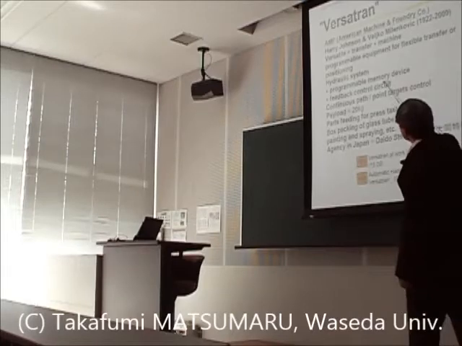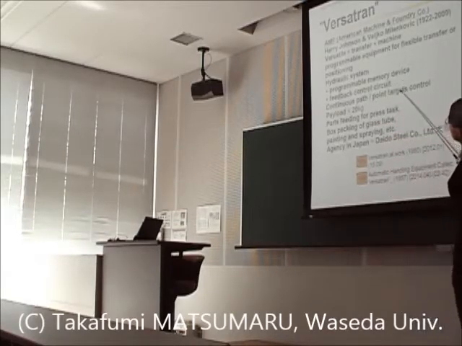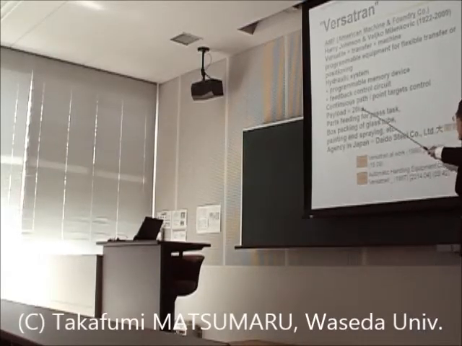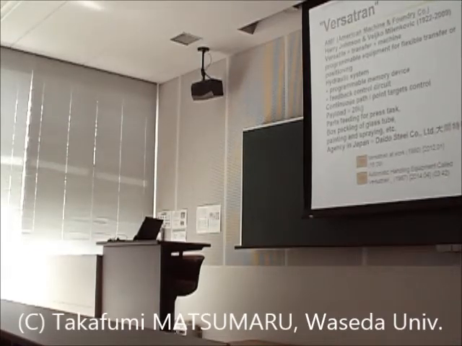It has a programmable memory device with a control circuit. The payload is about 20 kilograms. This is very heavy equipment, but it can hold 20 kilograms. In Japan, the agency is Daido Steel Corporation.